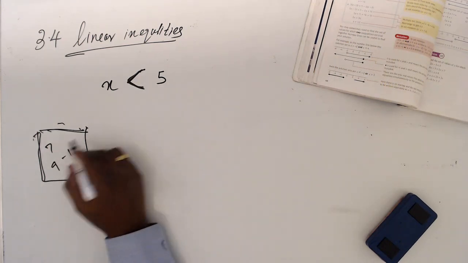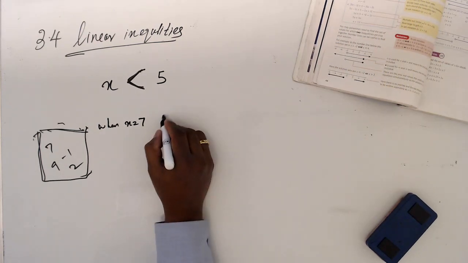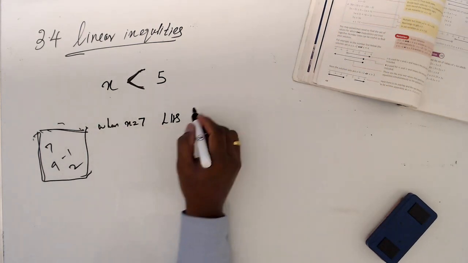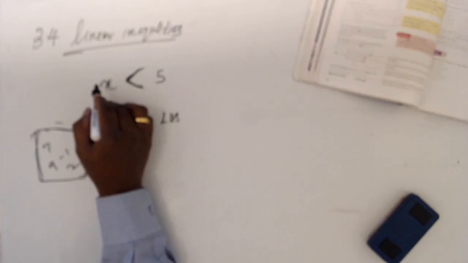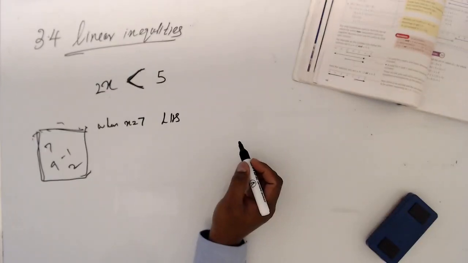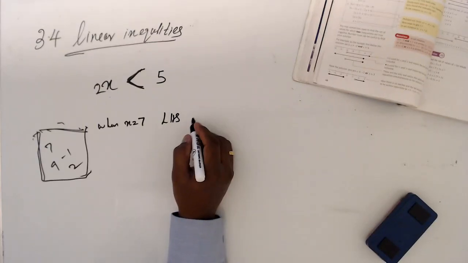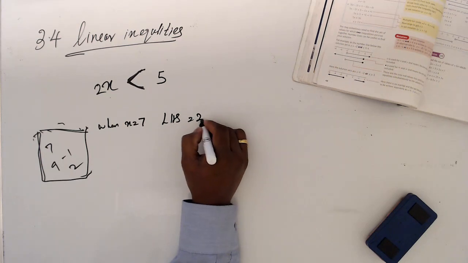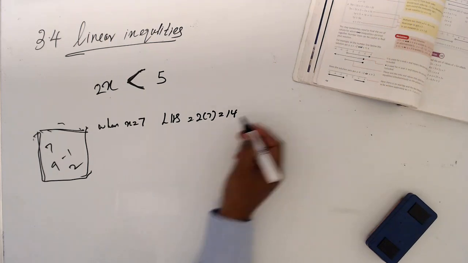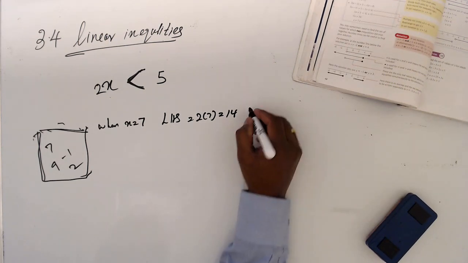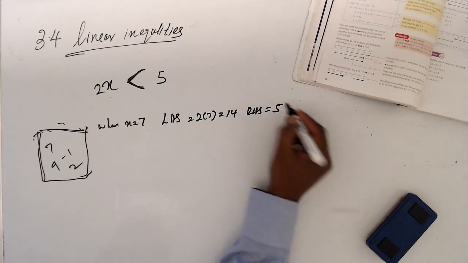I'll take x equals 7. LHS, left hand side, is 2x. With x equals 7, LHS is 2 times 7, 14. RHS, right hand side, equals 5.